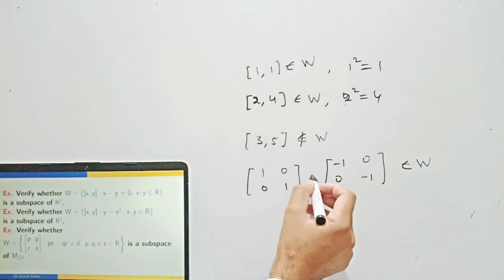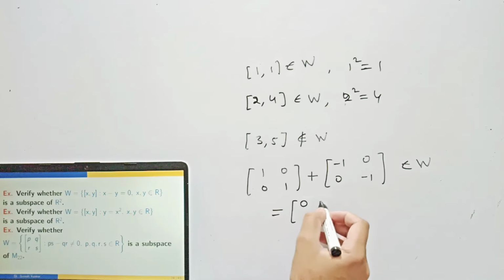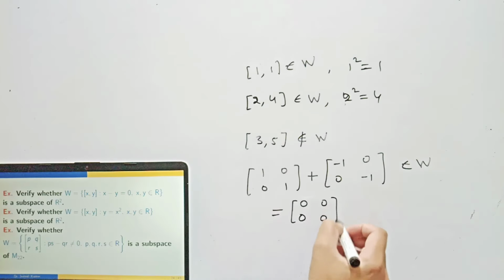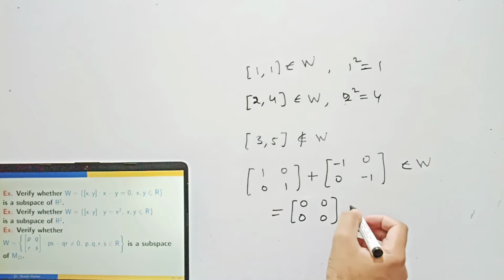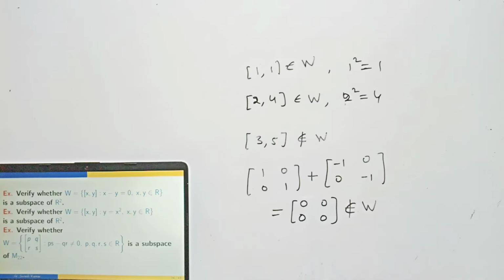What about their sum? The sum is the null matrix [0 0; 0 0]. This does not belong to W. So the vector addition property doesn't hold here, means it is not closed with respect to vector addition, so it is not a subspace.